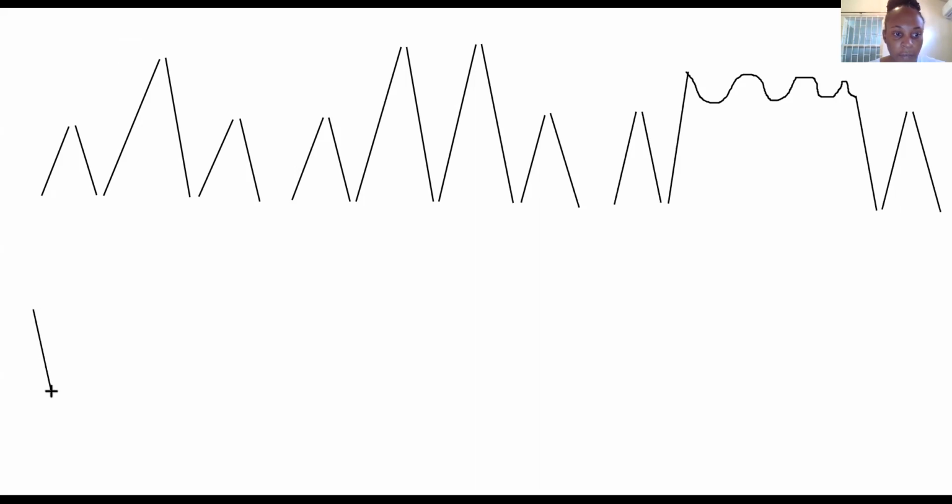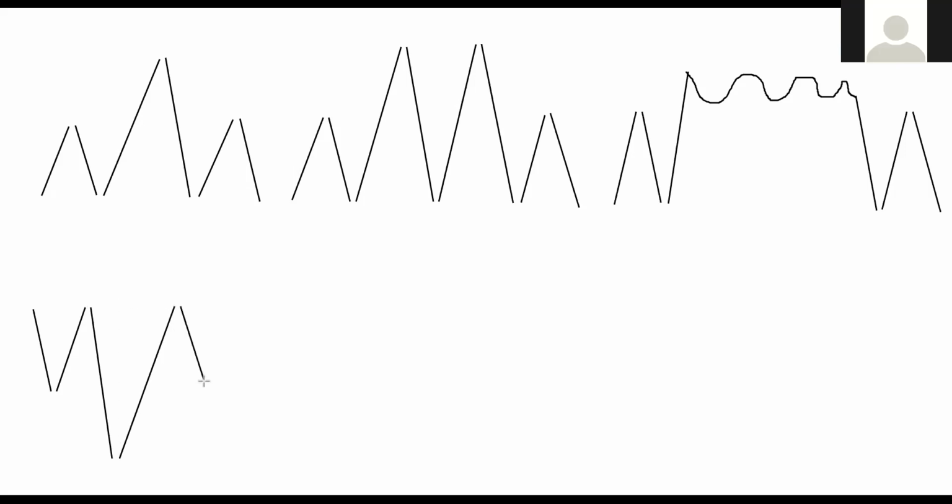So same thing for the inverted. Right, regular inverted.